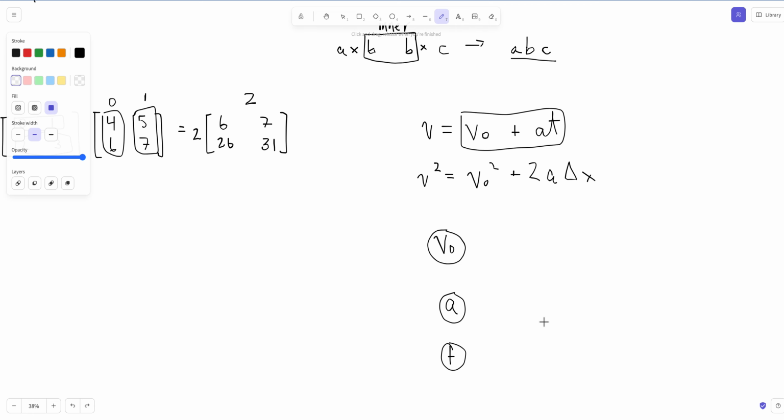But if I were to create a feature for a and t, and remember our neural network diagram, we make an output, v, and we make these directed edges, which represent the weights and biases. So the way we interpret this is we multiply all the input features by their respective weights and then add them up, and that's how we produce v. But there's no such way to be able to make a multiplied by t, right?